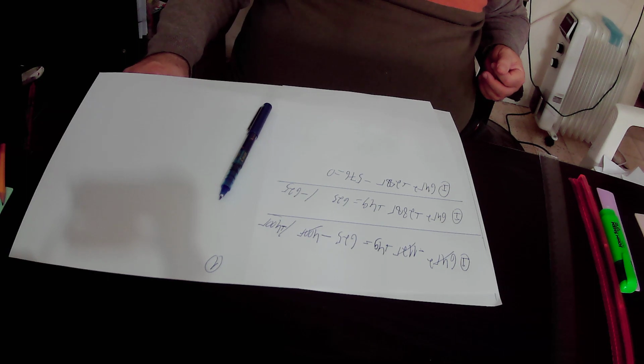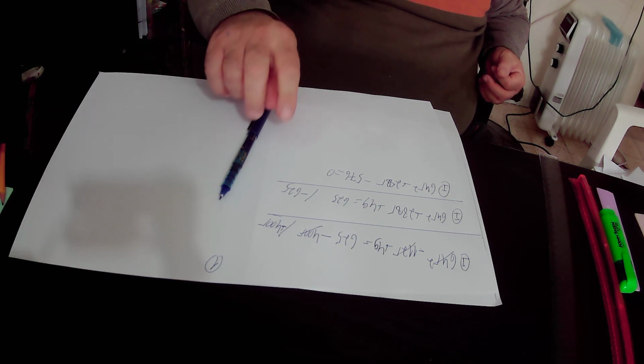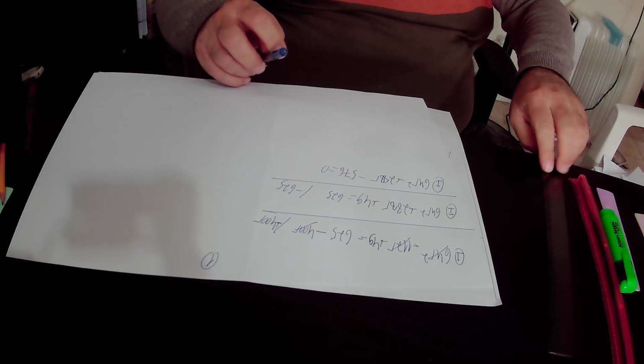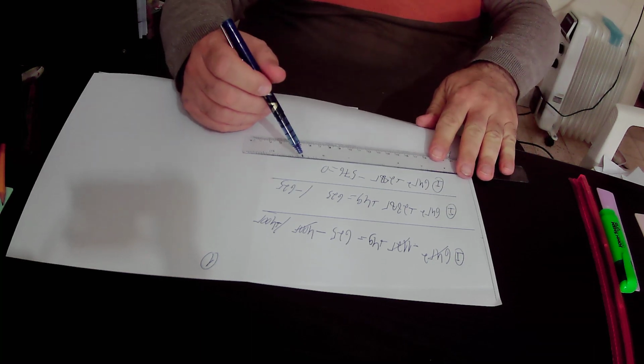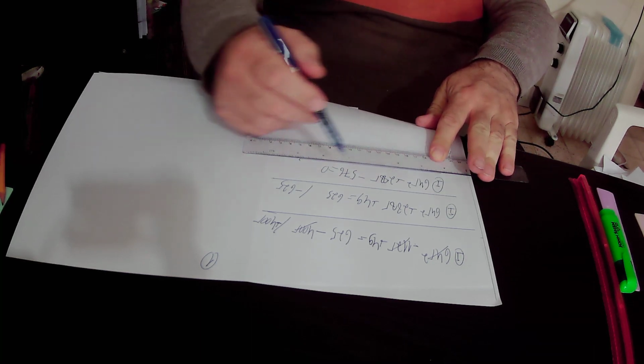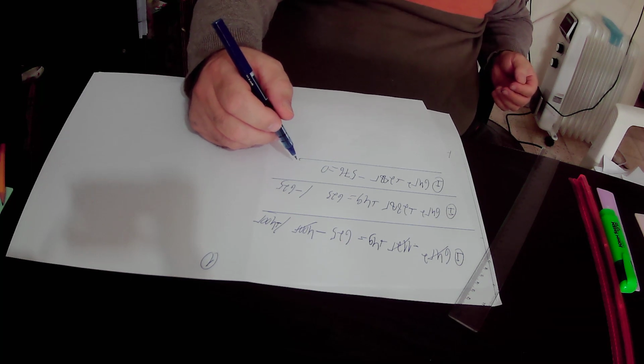So in conclusion, we have the quadratic equation 64r squared plus 288r minus 576 equals 0.